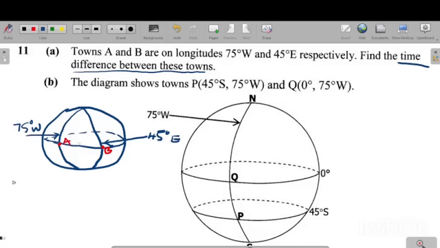So first of all, find the difference in degrees, which is 75 degrees plus 45 degrees, giving 120 degrees.